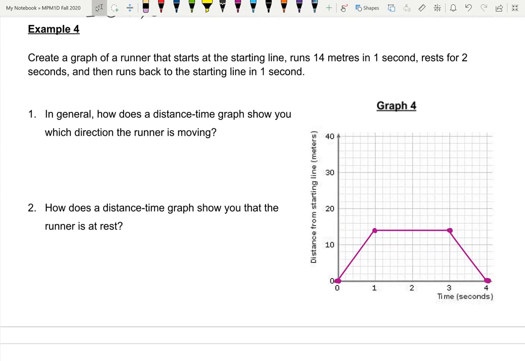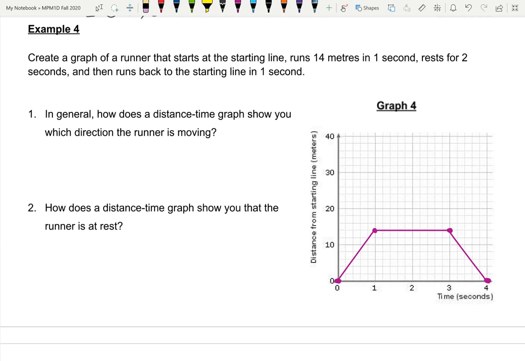In general, how does a distance time graph show you which direction the runner is moving? So the direction now. Well, if 0, 0 is the starting line, okay, right here at this point, it tells us that the runner is 12 meters away from the starting line.